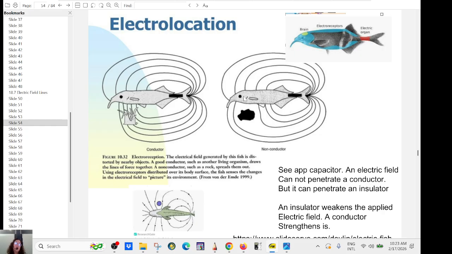So that's how it knows it's no good. If you have a conductor, it will make the electric field stronger. So the brain knows that it's good. So if you have an insulator inside an electric field, it will make it weaker, but it will boost the capacity.